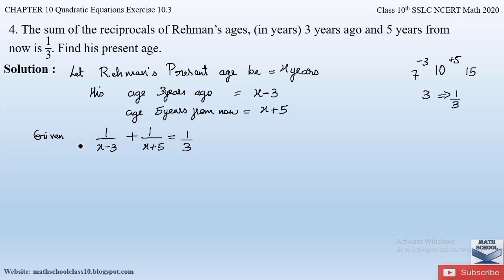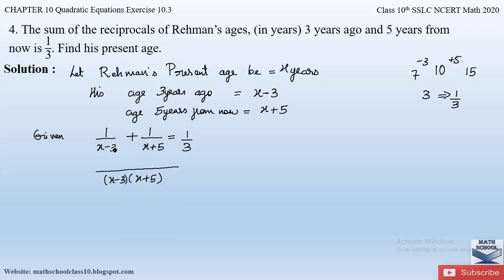This is the equation we are forming according to the question. From this equation we are going to simplify and find a quadratic equation, and using that quadratic equation we will determine the age. So let us take the LCM first. The LCM will be x minus 3 and x plus 5.